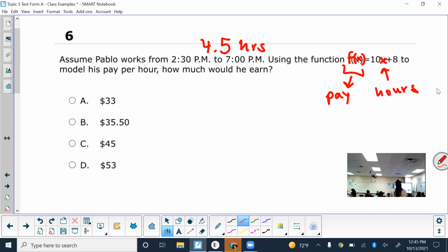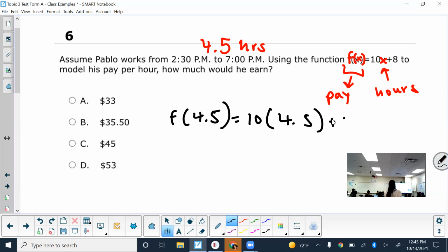So then plug it into your equation. Again, it's 4.5 hours, so it should be plugged in for the x. So it's f of 4.5 equals 10 times 4.5 plus 8. The left side is just notation. It's not f times 4.5 or anything like that.